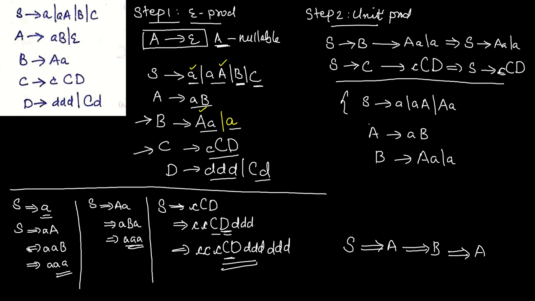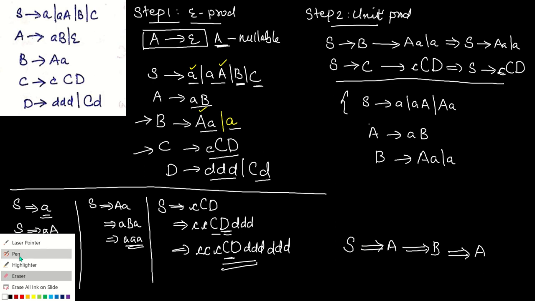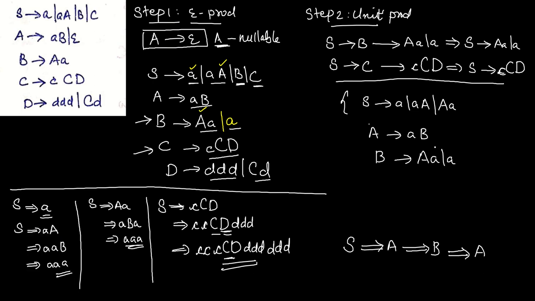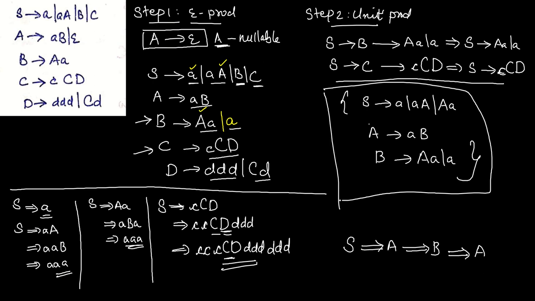This is the minimized, simplified answer. Okay, so I removed the useless productions and useless symbols. So this is the final simplified answer. So we have removed epsilon productions, we have removed unit productions, and we have removed useless productions and symbols. So this is the answer.